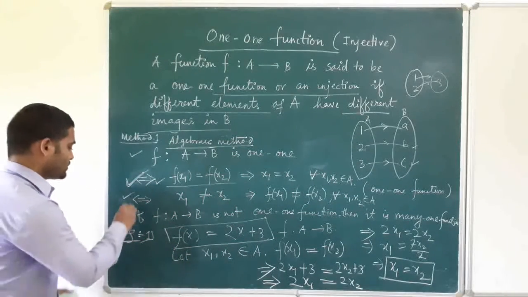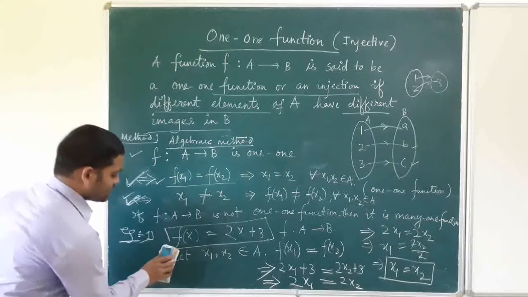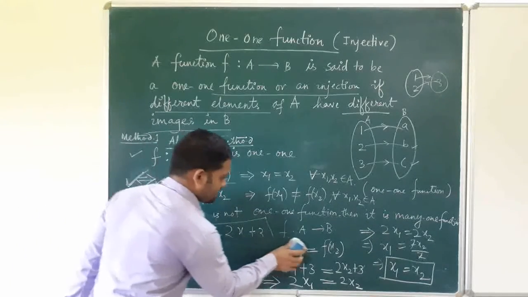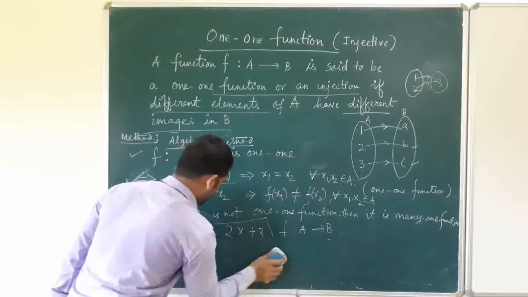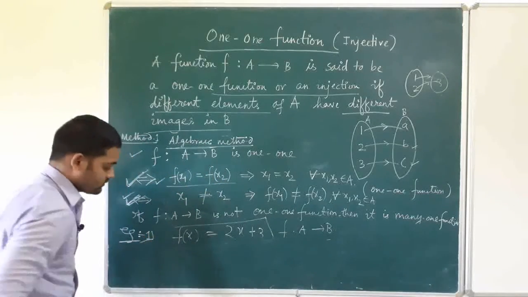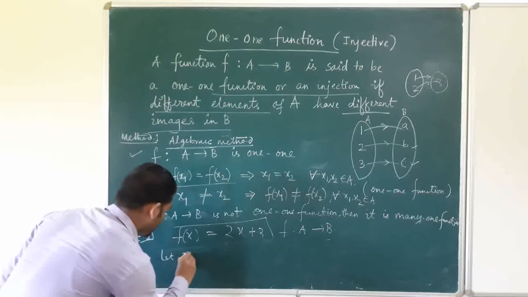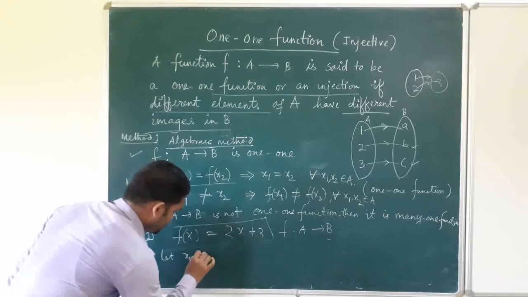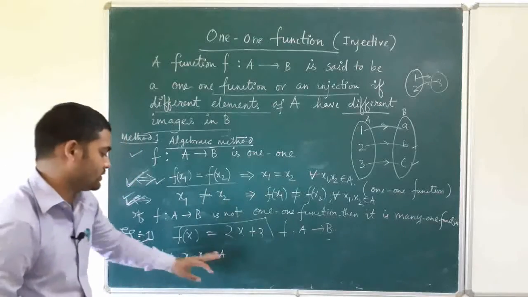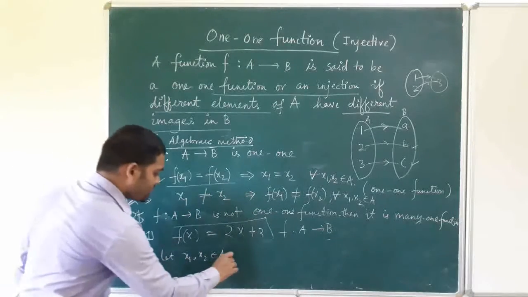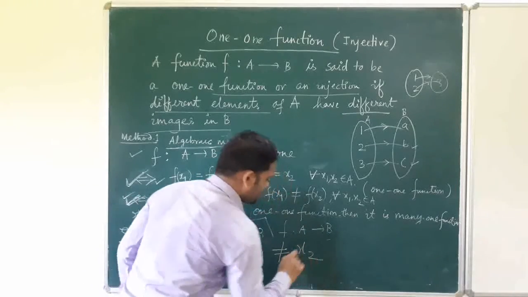Now we can proceed by this way also. How? We take the same function. Let x1 and x2 be any elements of set A, belonging to A, and x1 is not equal to x2.